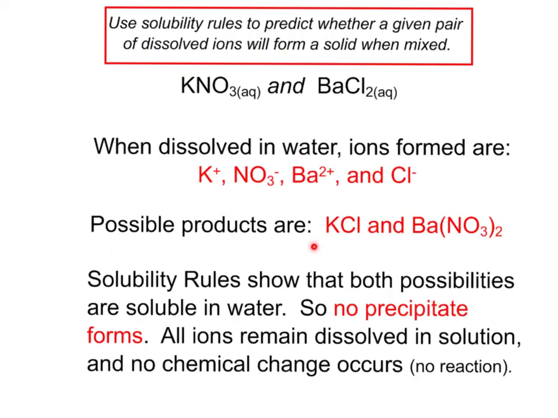Possible products for a reaction would be potassium chloride and barium nitrate, because potassium nitrate is already present and the barium chloride is already present. So the only two other possibilities for products would be these two. When I look at my solubility rules, I see that both of these possibilities are soluble in water. So there's no precipitate that forms. All of these ions remain dissolved in the solution and no chemical change occurs. In other words, there is no reaction.